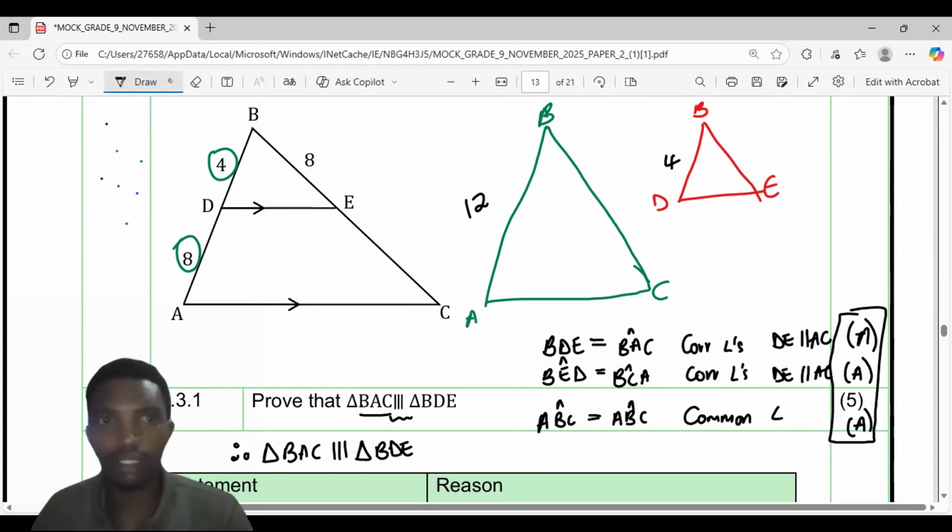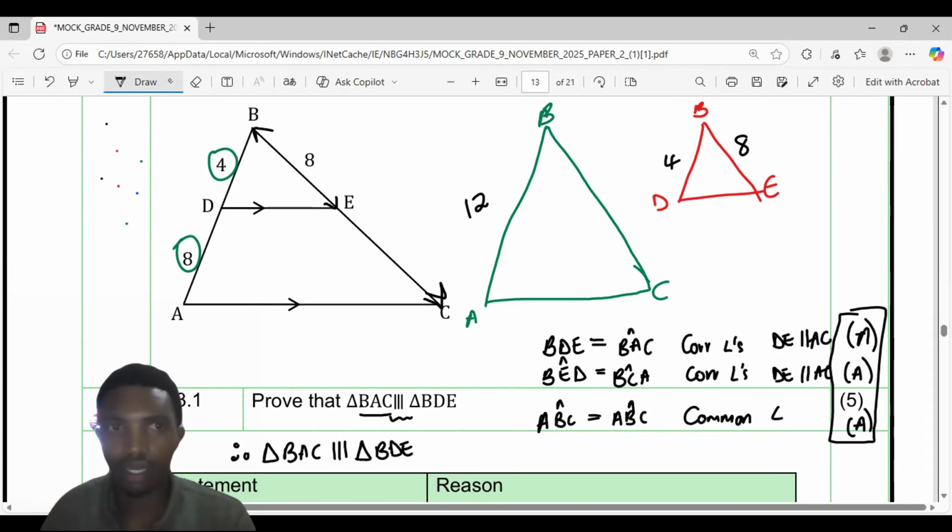Yes, 8. Do we know how much BC is? From here all the way there. We don't know, no. We only know that from there to there it is 8, but we don't know how much it is all the way down. Correct?